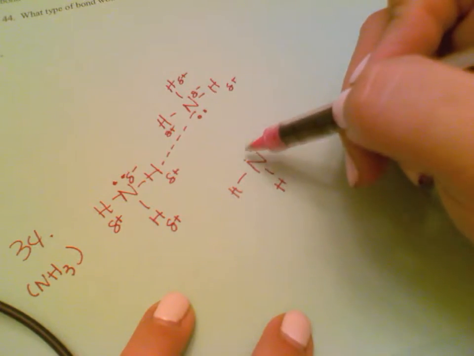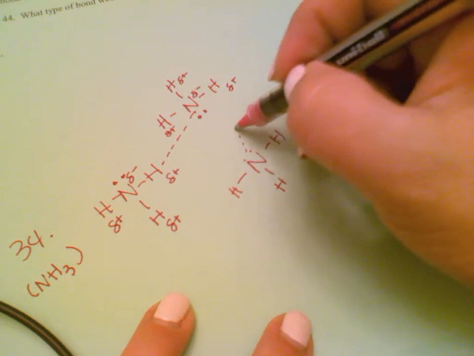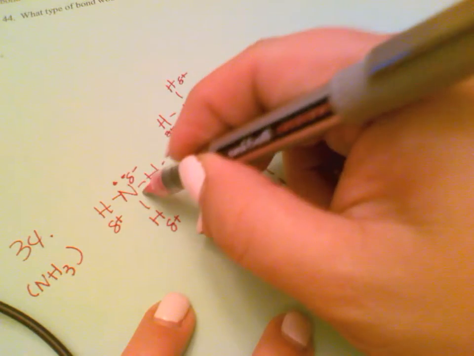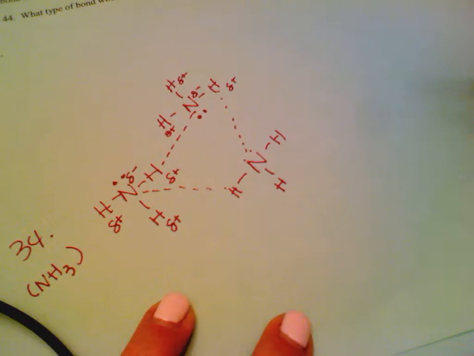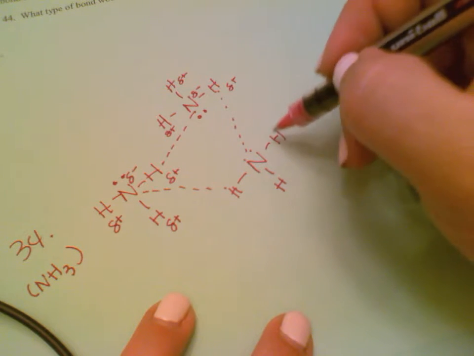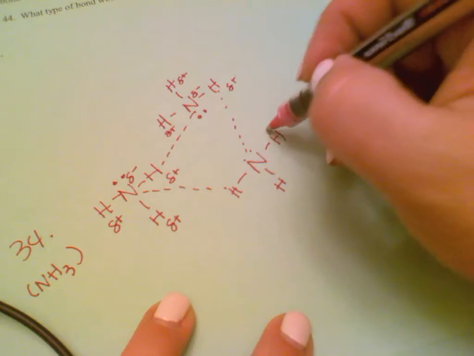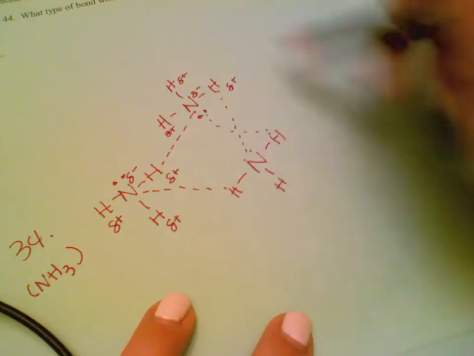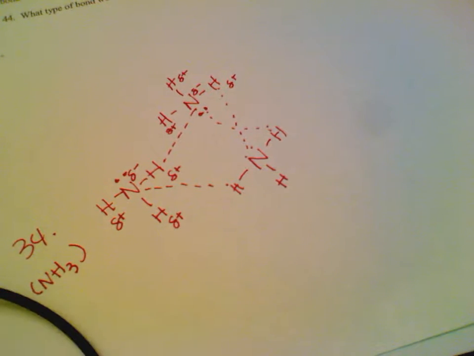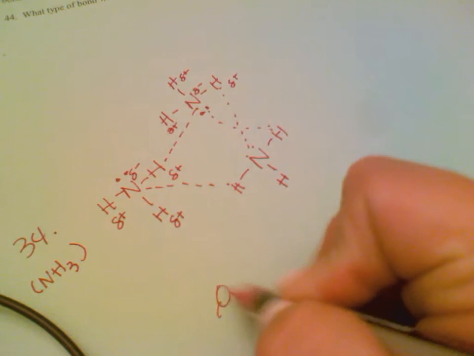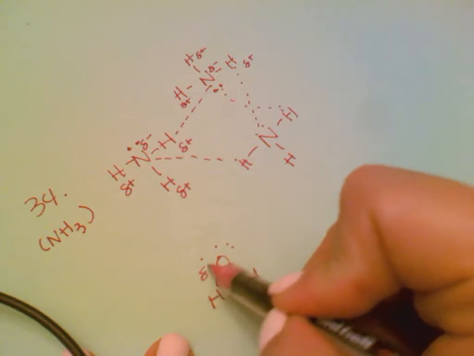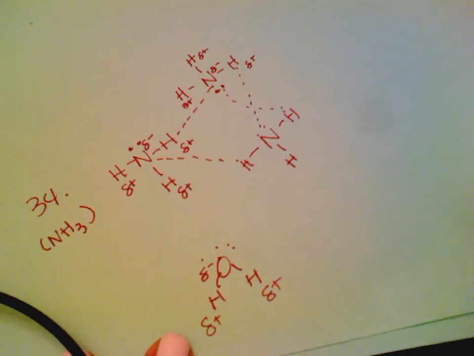Anyway, this N says, well, I actually like this H. But this H says, well, I actually like that N. And maybe this H says, well, I like that N. So what I'm showing here in my dotted lines is my connection. So this represents hydrogen bonding. You could do it with water, which you're much more familiar with, where you take, remember, I've got my partial negative, partial positive. You're much more used to that, but this is the same thing.